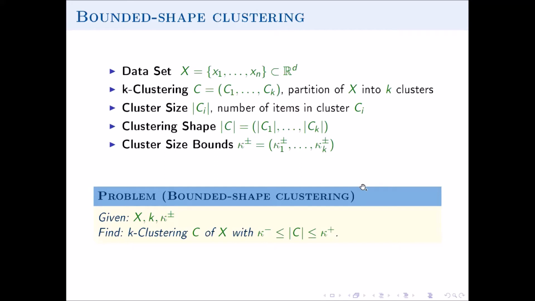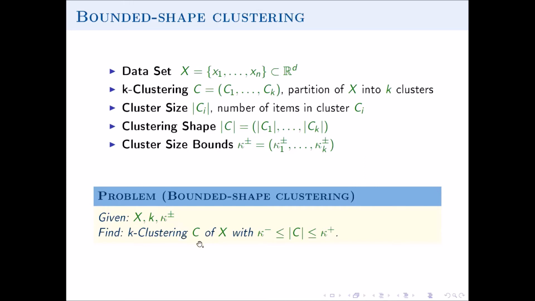And I want to work in a setting where it's possible to specify lower and upper bounds on cluster sizes that would give feasible clustering shapes. So the types of problems that I'm interested in are those where we're given a data set, it's specified how many clusters you're supposed to create, and you're told what the lower bounds and upper bounds on these cluster sizes are, and then you have to find some clustering of feasible shape. And I'm not specifying what the objective function is here.